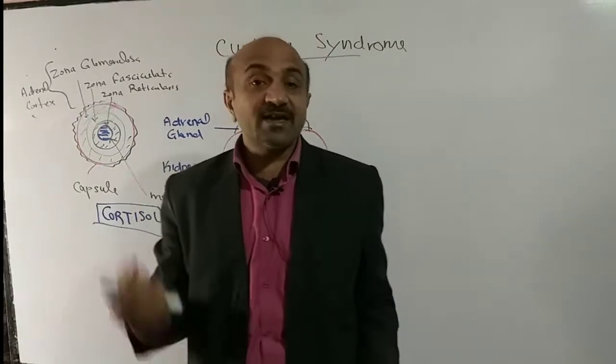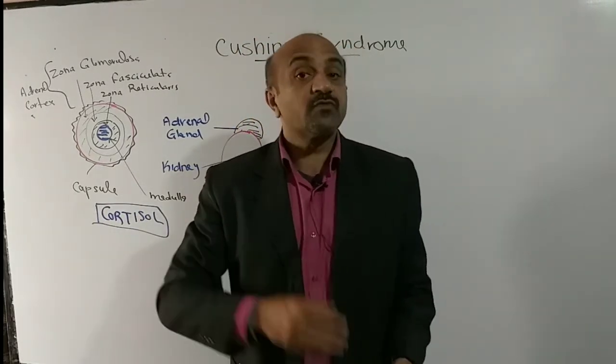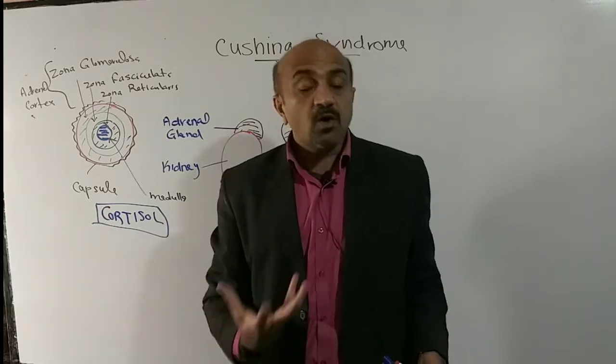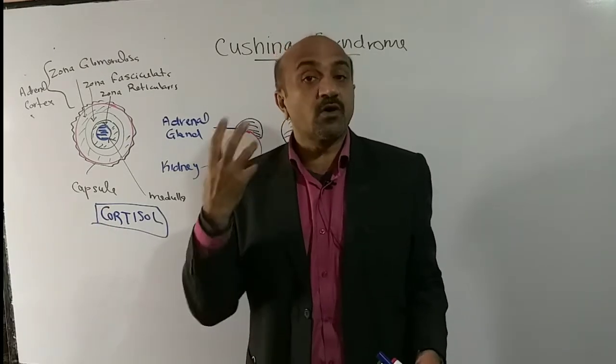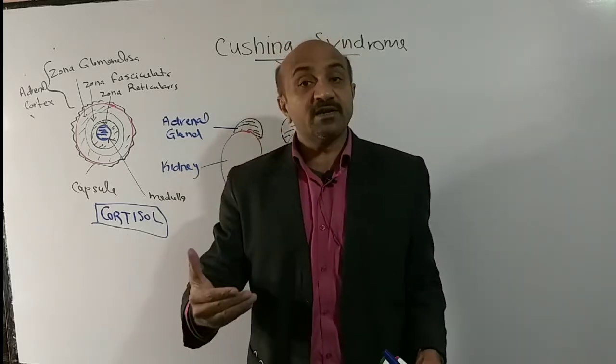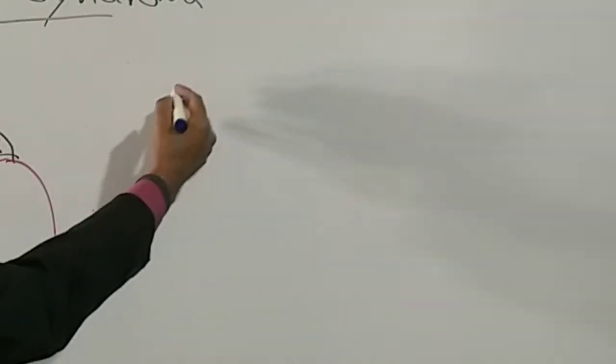Whenever someone gets steroids from outside, which we call an exogenous source, or somehow cortisol is produced in our own body, it ultimately ends up in a higher concentration of cortisol in our body, which we call Cushing syndrome.